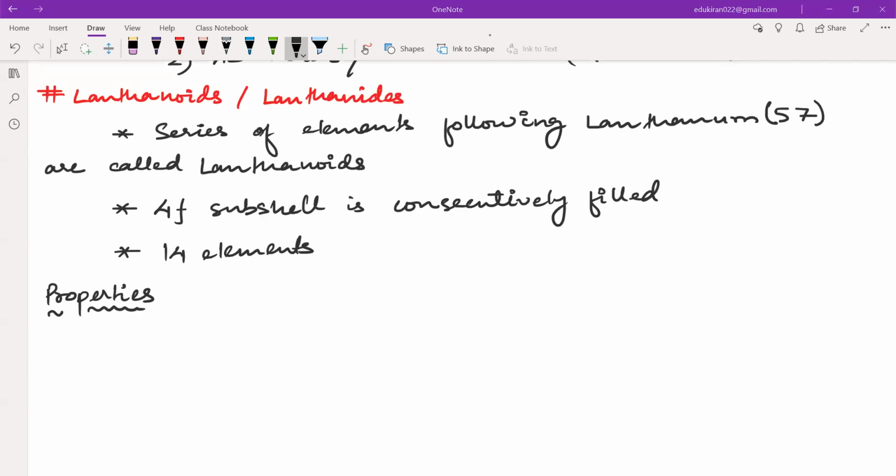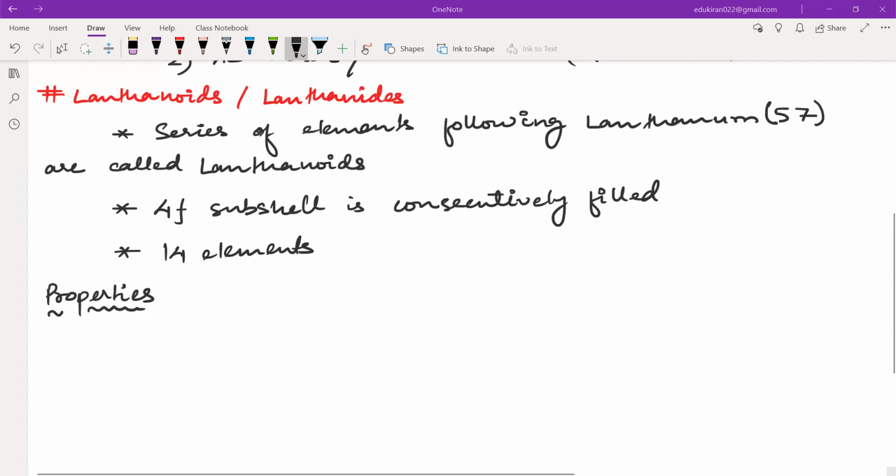Sir, the first point, series of elements following lanthanum 57. So lanthanum is included or excluded? Lanthanum should not be included, so start from 58. Generally, in the D block tables they start with lanthanum only, and some books do not.